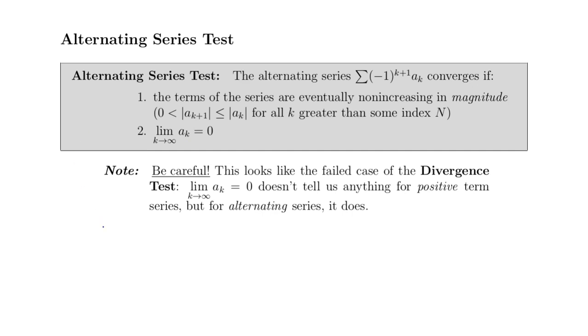So if we go back and look at the alternating harmonic series that we had earlier, when k was equal to 1 up to infinity, we had (-1)^(k+1) over k. And originally, when we looked at the regular harmonic series, the one with just 1 over k, we said, well, sure, the limit as k goes to infinity of 1 over k goes to 0.